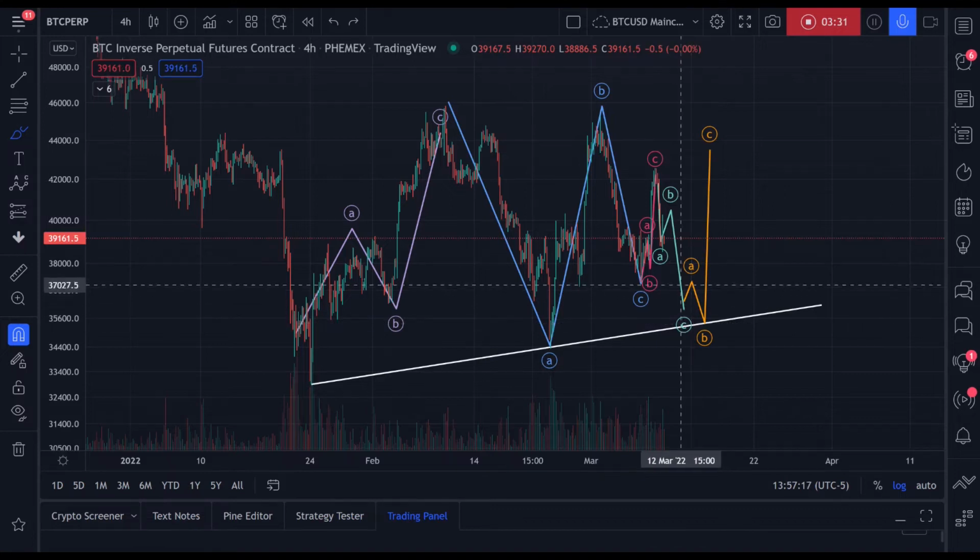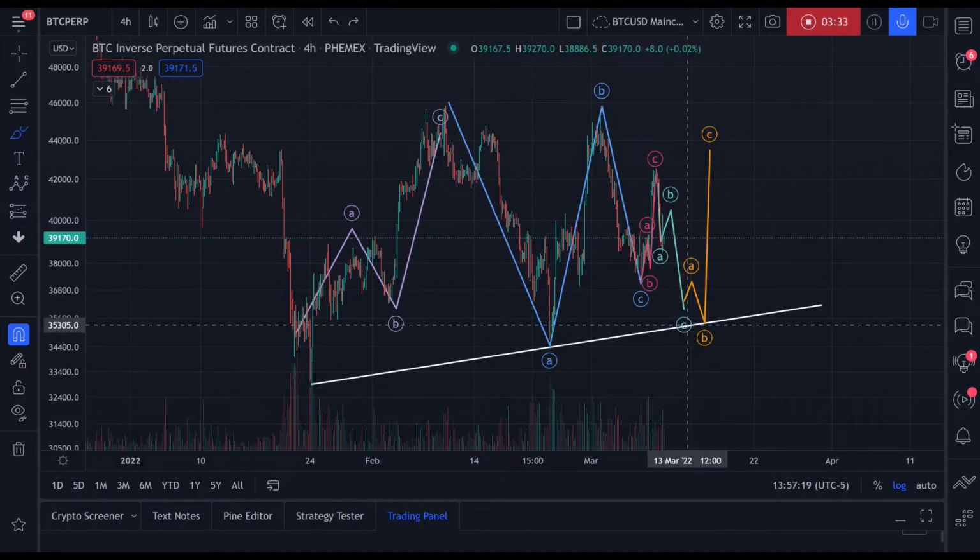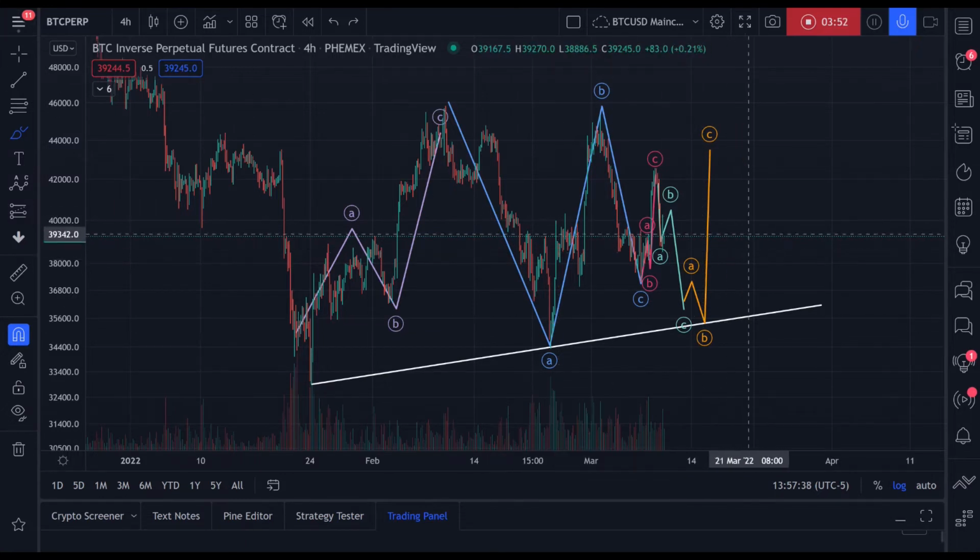But once we do, I would say more or less 35.3, 35.4, thereabouts. Between 35.3 and 35.4 is where I expect reversal. $35,300 and $35,400 on this Bitstamp chart or whatever, on this Phemex chart.